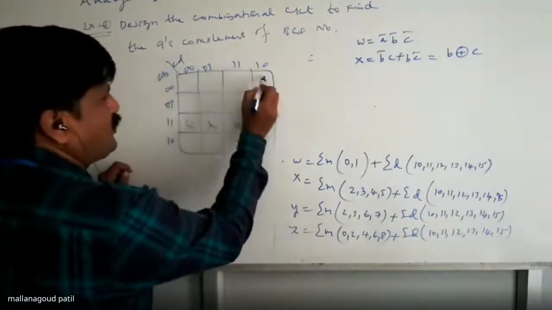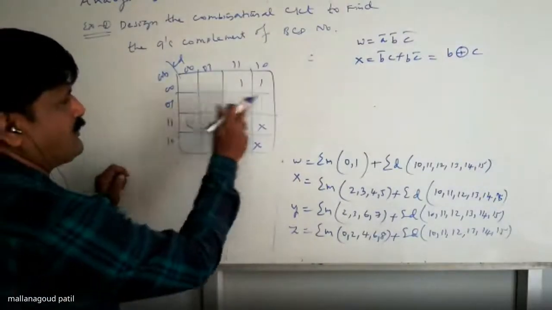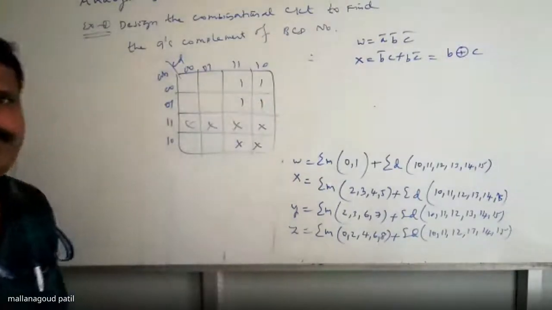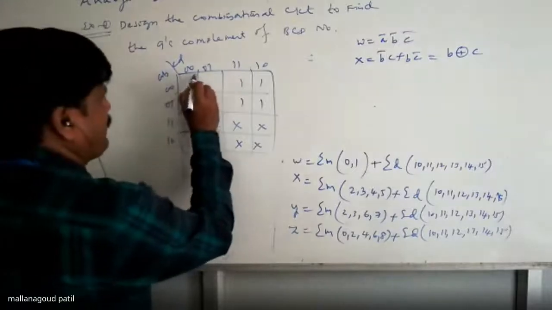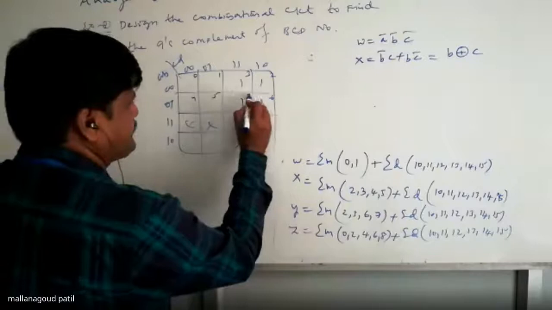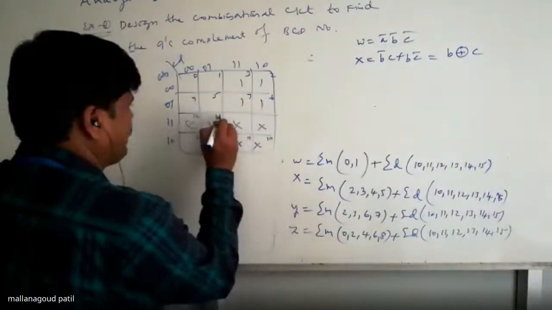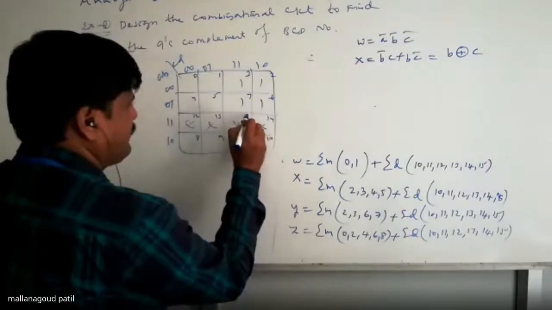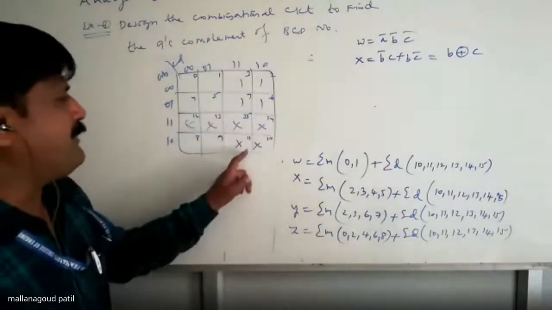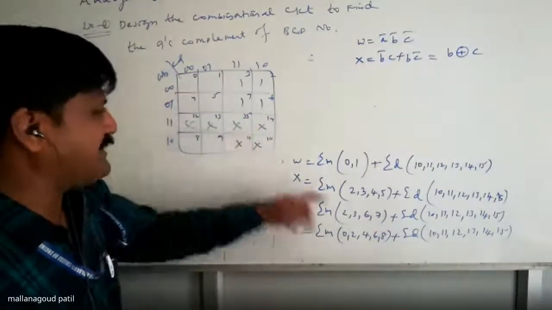Cell numbers 0 to 15, and 10, 11, 12, 13, 14, 15 are the don't cares.